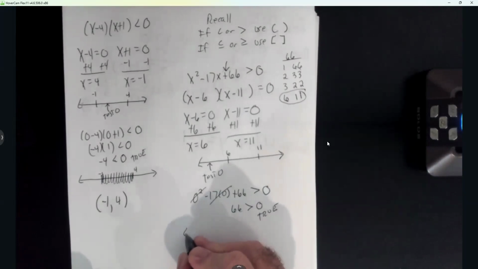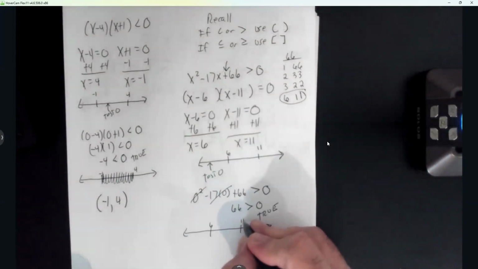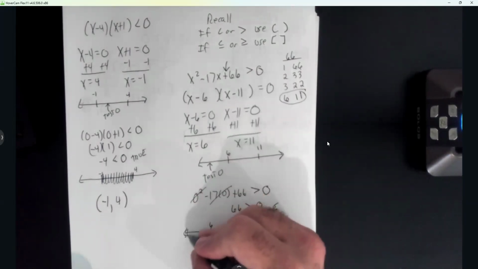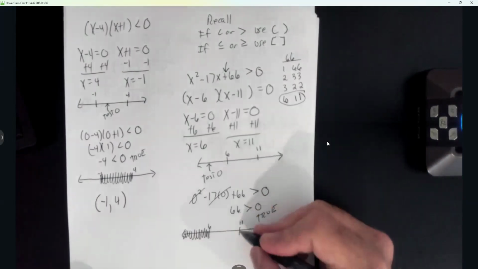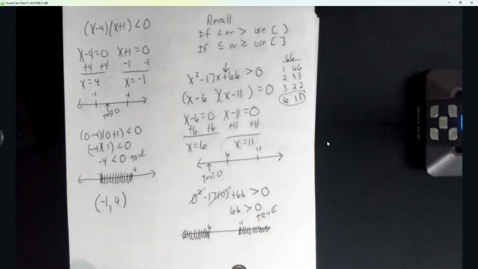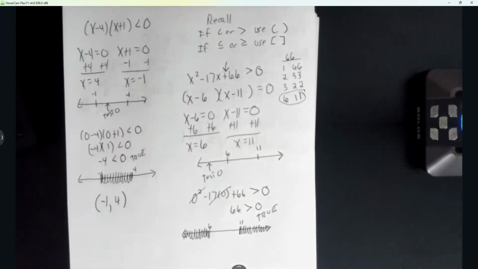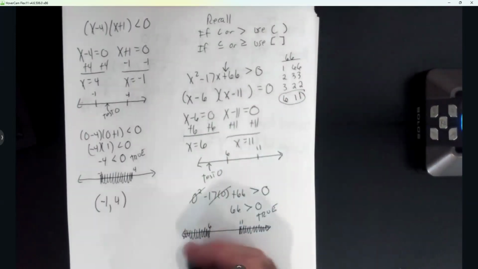So since that's true on my number line, I would shade where the 0 was located. And by default, I also got to shade the last section. All right, let's notice we had greater than, so we're going to use parentheses around the number.